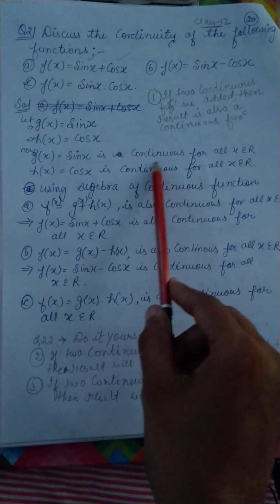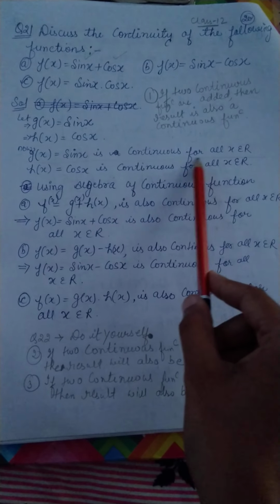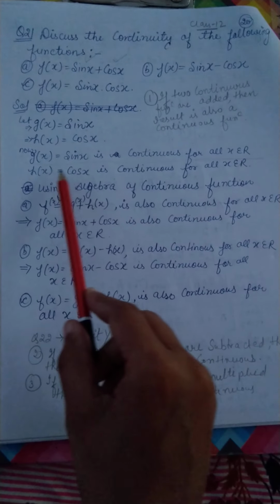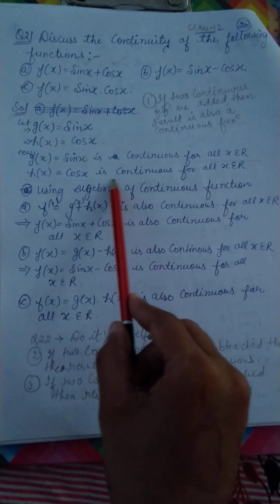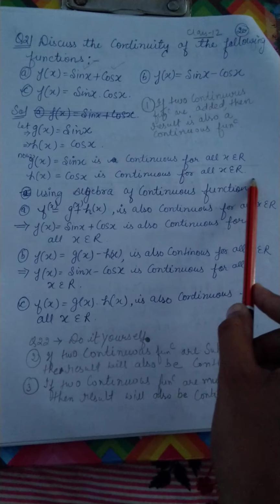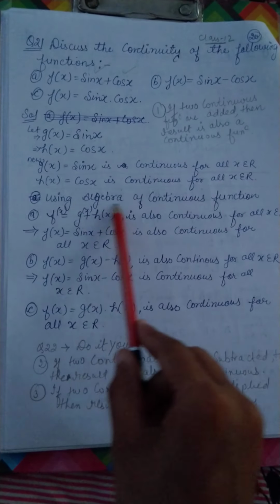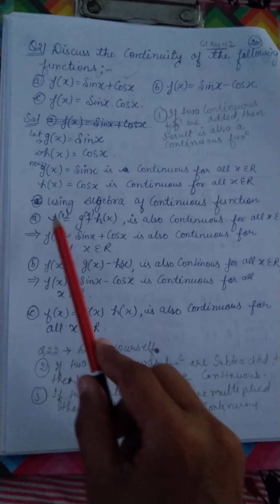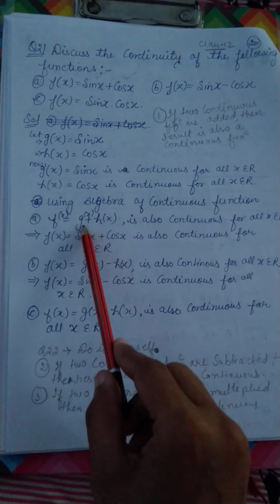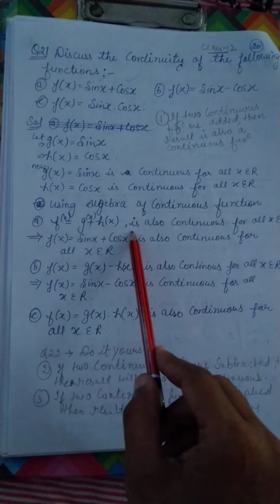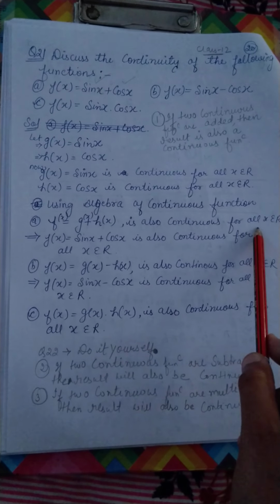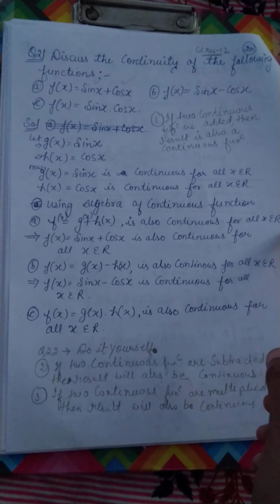As sin x is continuous function for all the values of x belonging to real numbers, and h(x) is equal to cos x is also continuous for all x belong to real numbers. Now using the algebra of continuous functions, f(x) is equal to g(x) plus h(x) is also continuous for x belong to R.